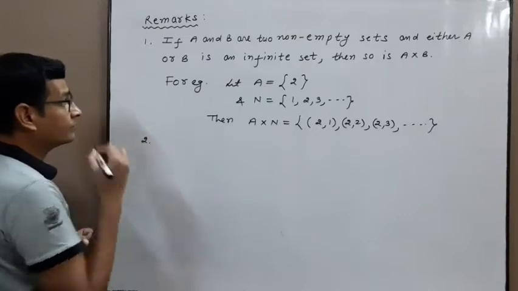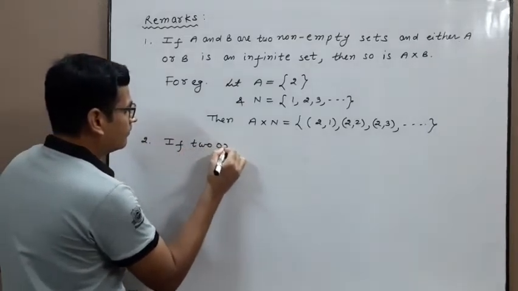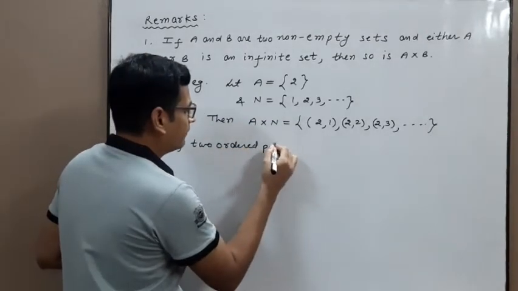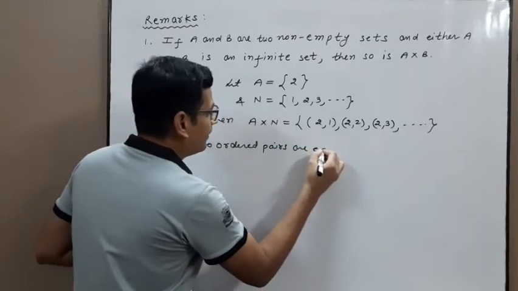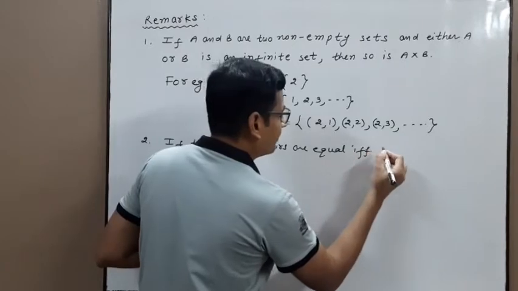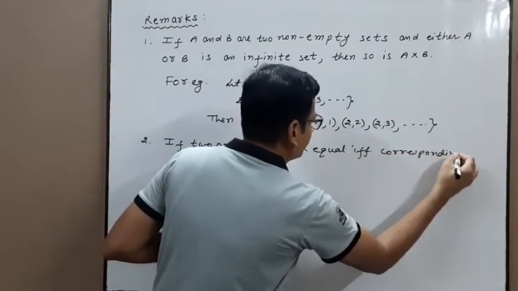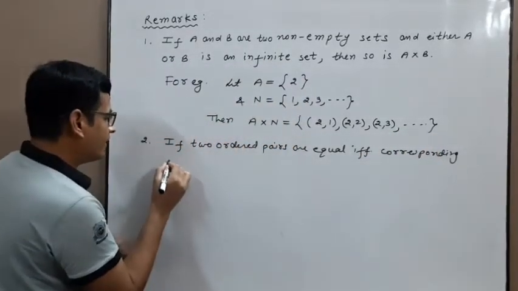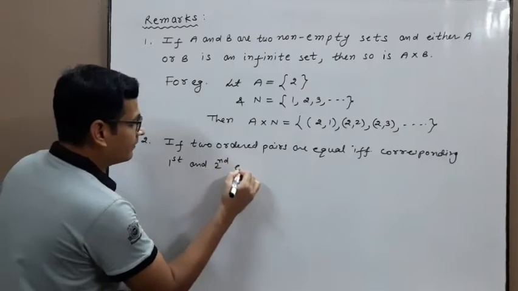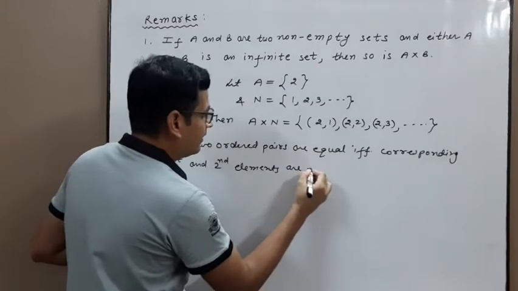Remark number 2. Two ordered pairs are equal if and only if their corresponding first and second elements are equal.